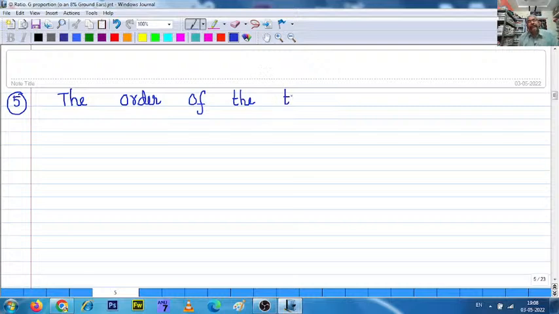The order of the terms of a ratio is very, very important. That means we should not change the order.